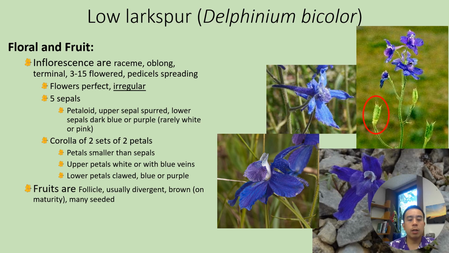The fruits themselves are follicles, usually divergent and brown on maturity and many-seeded. And so you can see an example of a seed pod above me that I've circled in red. It's a little green because it is still not ripe, but as it matures, it will turn brown.